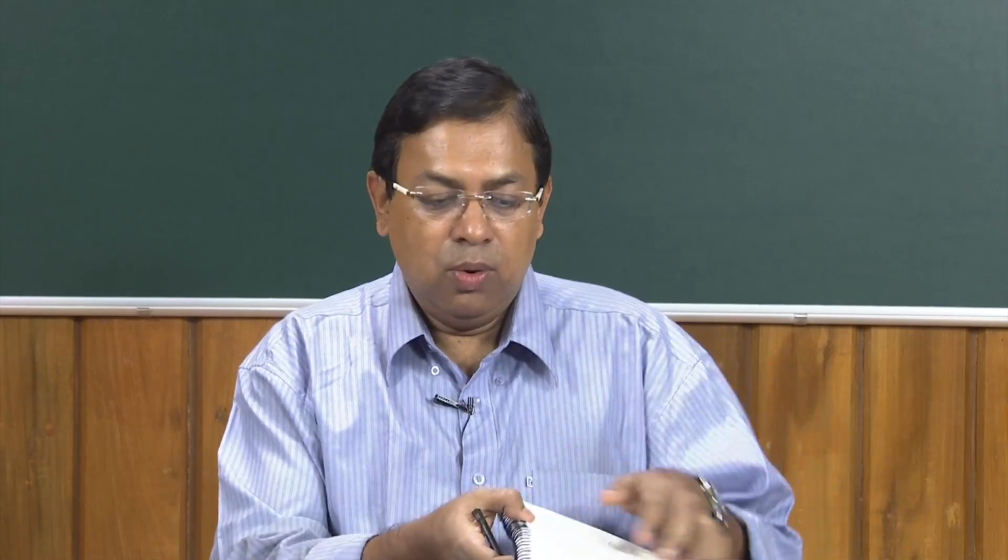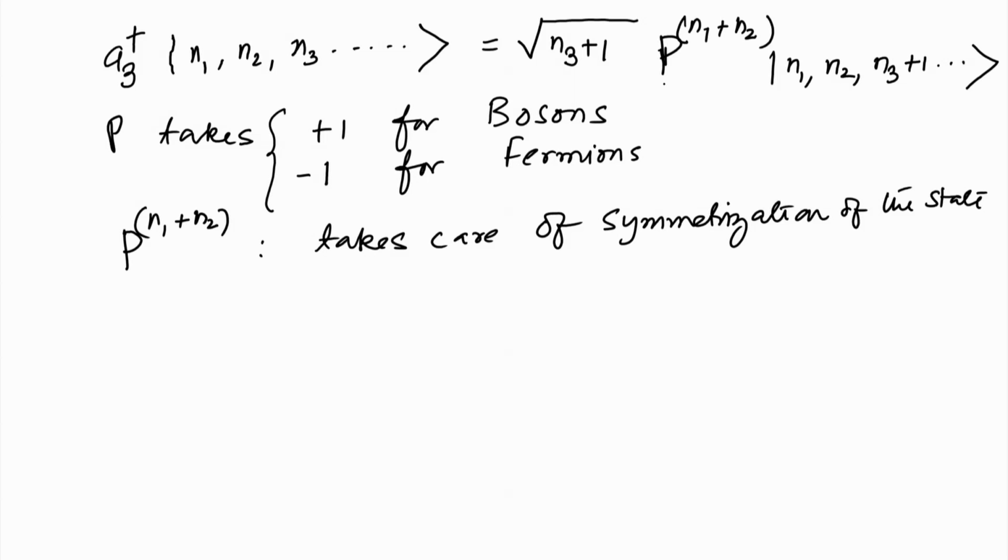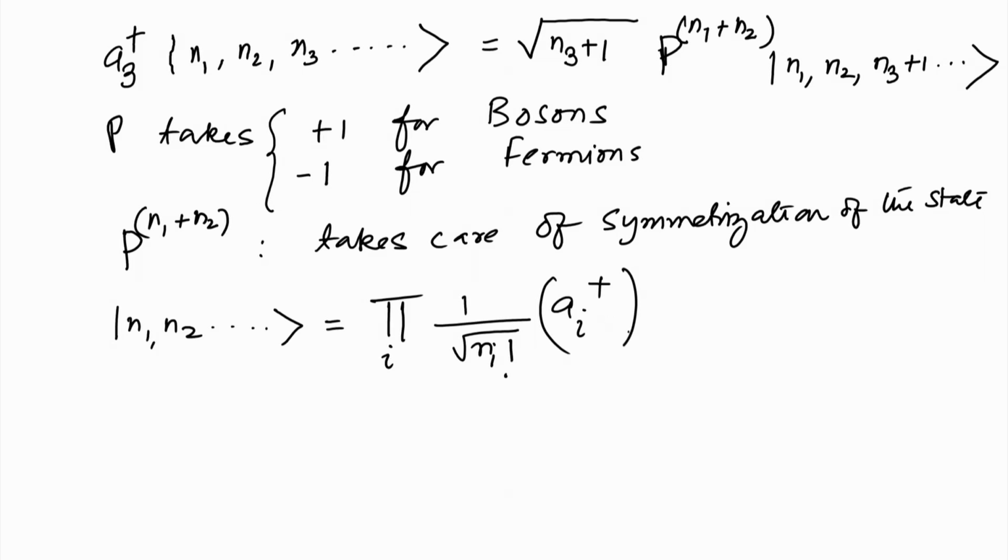So, now let us then write down a many particle wave function in the Fock basis as this, which is a product of 1 over root n_i factorial, and there is a_i dagger to the power n_i acting on a vacuum. Okay.